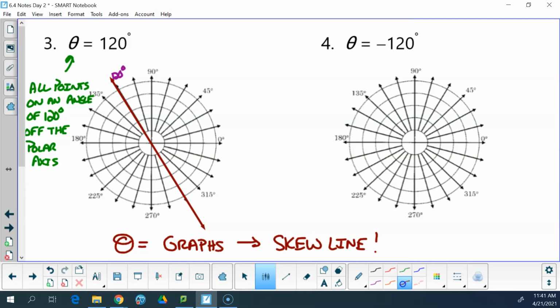So we would need to find negative 120 degrees here on this next one. Here would be 0. Here would be negative 90 degrees.